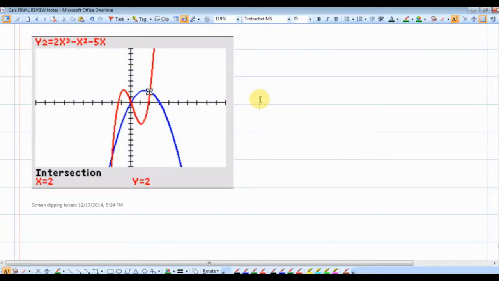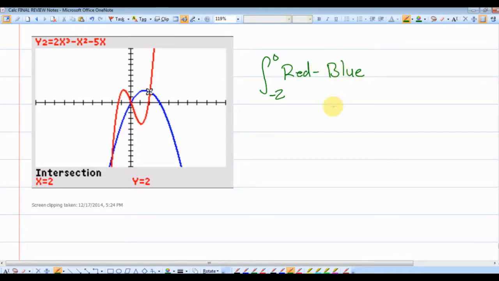We're going to take the integral from negative 2 to 0, and we're going to do the red minus the blue. Right? Is your red one like the 2x cubed? Yes. Then we're going to integrate from 0 to 2, and we're going to do the blue minus the red.